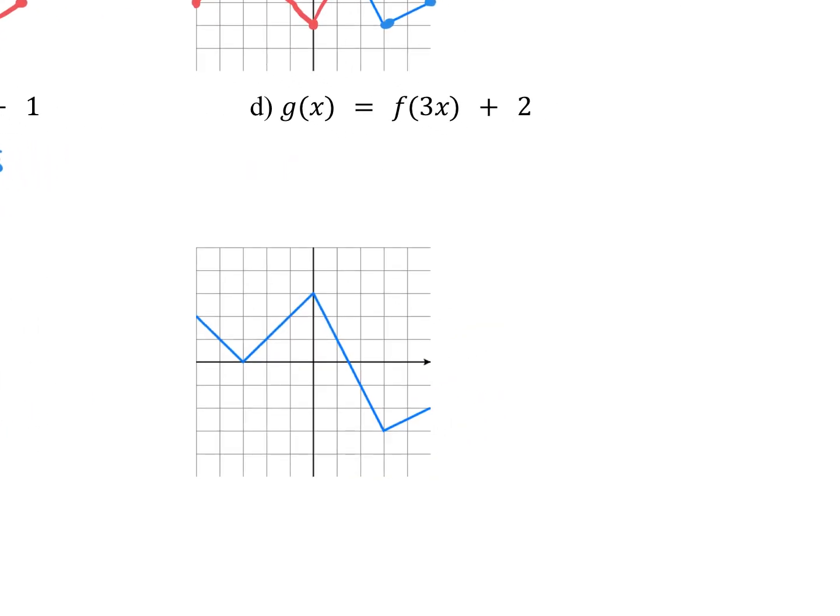And the last one, here I have a horizontal shrink by 1/3, and I'm going to shift up 2. So that means that all of my x values are going to be multiplied by 1/3, and then I shift them up 2. So this x value is -3, and then if I multiply that by 1/3, it becomes -1, and then I shift up 2. This x value is 0, so the shrink doesn't change it, and then I go up 2.